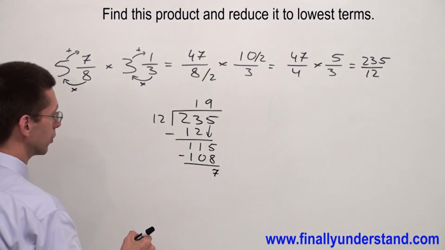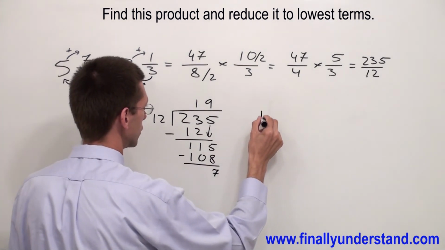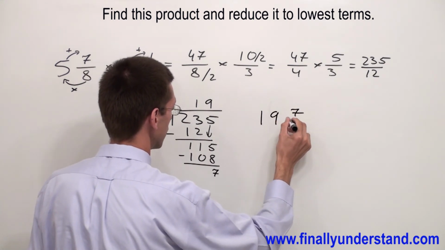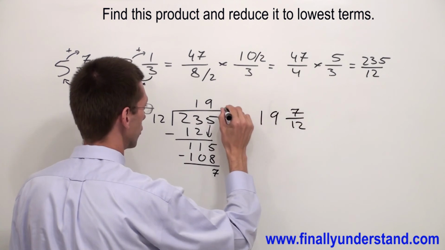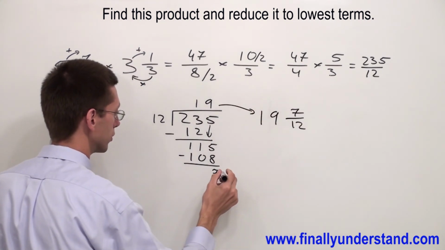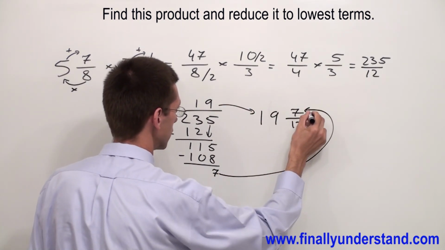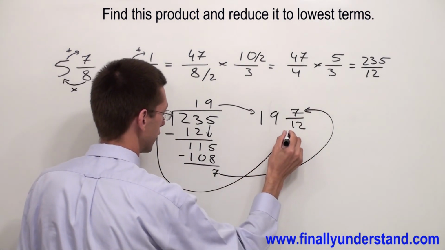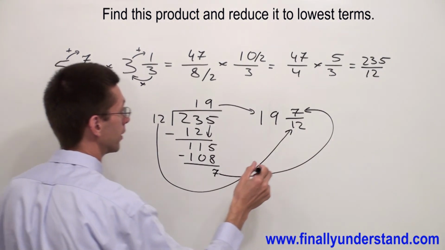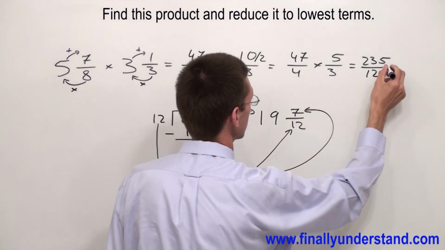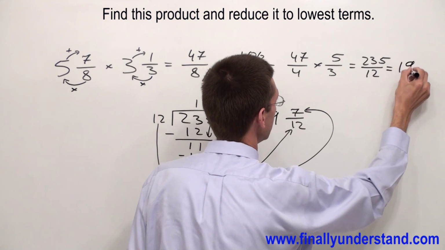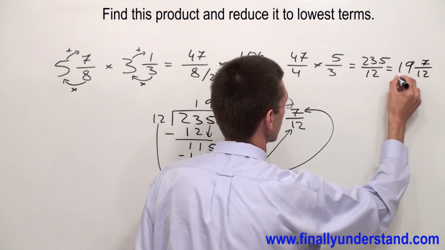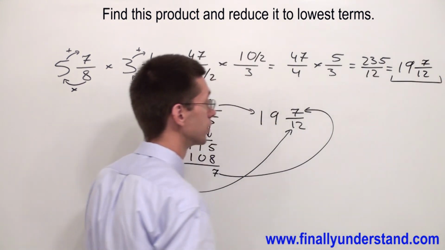Okay, so my answer is 19, and I have 7 over 12, where the top number goes to the front, the remainder goes to the numerator, and the divisor goes to the denominator. That's why my answer is 19 and 7 over 12. This is the solution to the problem.